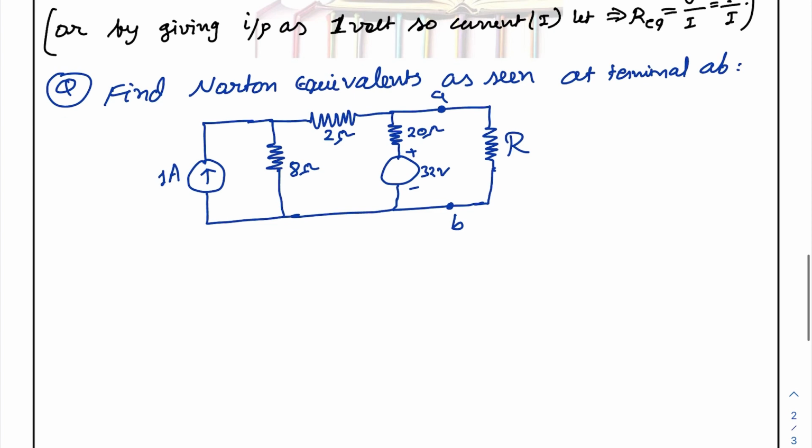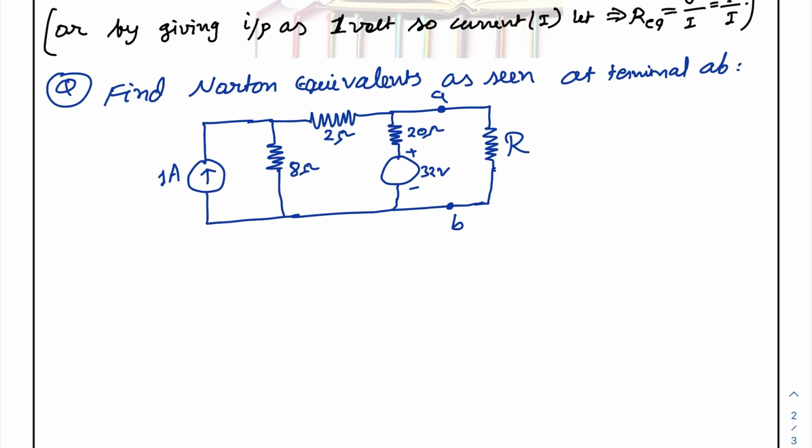Okay, so same circuit, but the difference is that in that circuit we found the Thevenin equivalent, but in this circuit we need to find out the Norton equivalent. By considering both the Thevenin numerical example and this Norton example, we can prove that the Thevenin equivalent and the Norton equivalent are dual to each other.